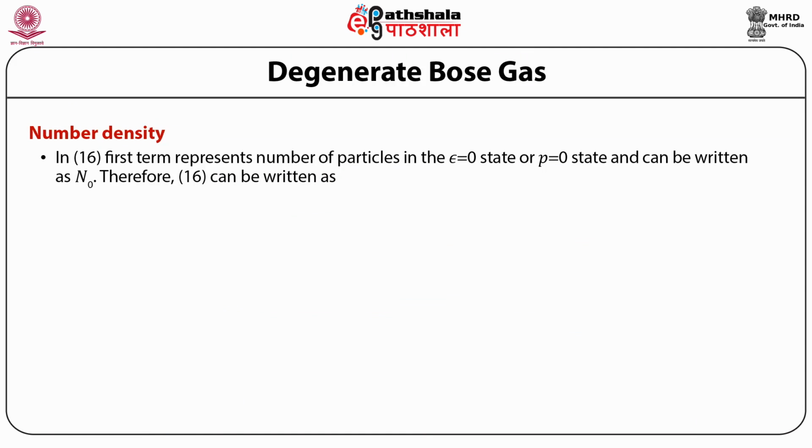In 16, the first term represents the number of particles at the epsilon is equal to 0 state, or p is equal to 0 state, and can be written as N0.